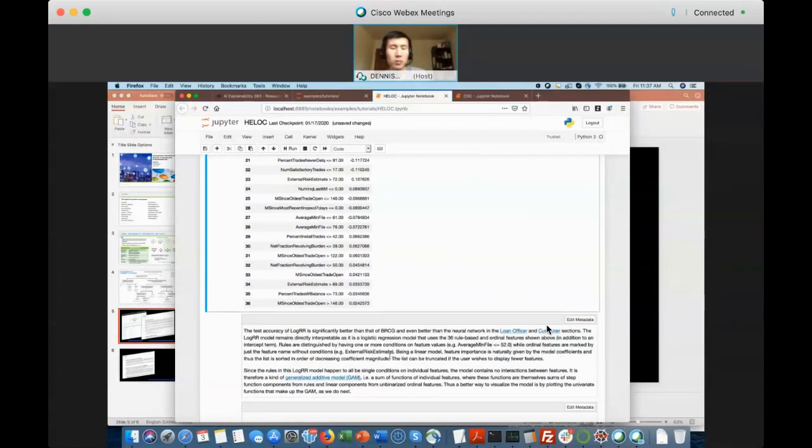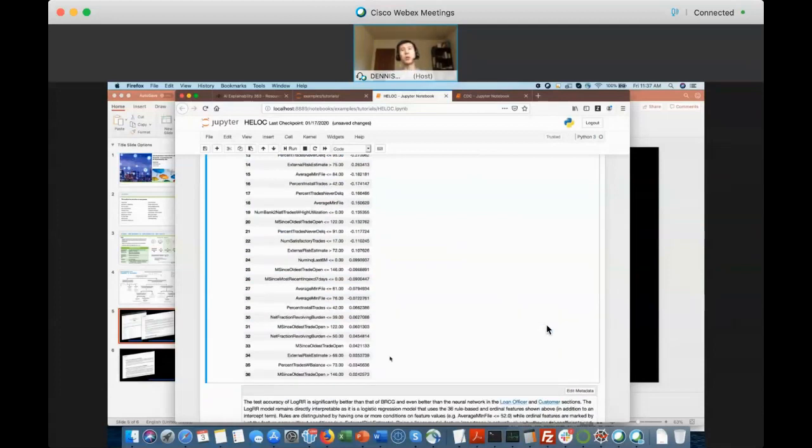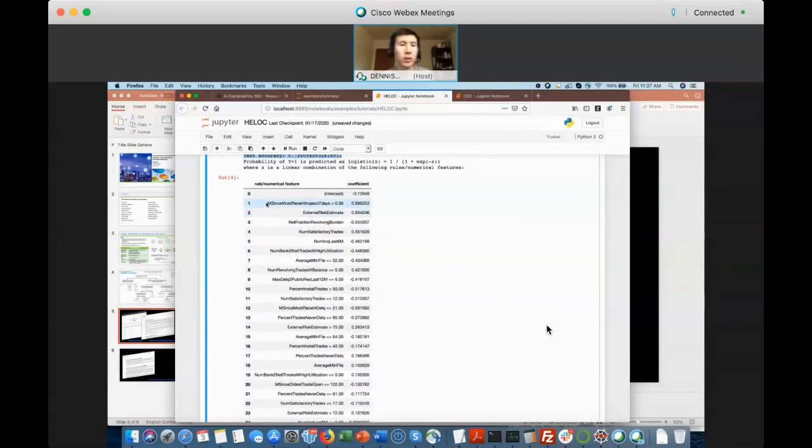The first one is that, as I mentioned, this logistic regression model uses rule-based features. And the way to see them in this table is, for example, if we look at this number 1 here, the rule-based features all involve comparisons.